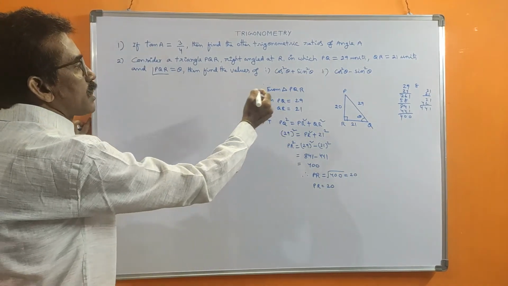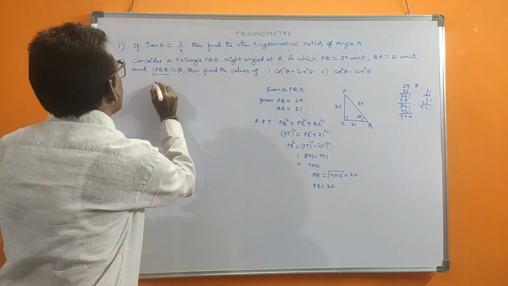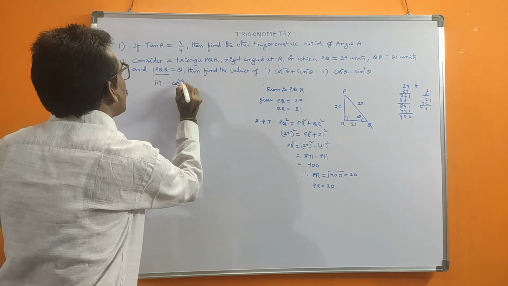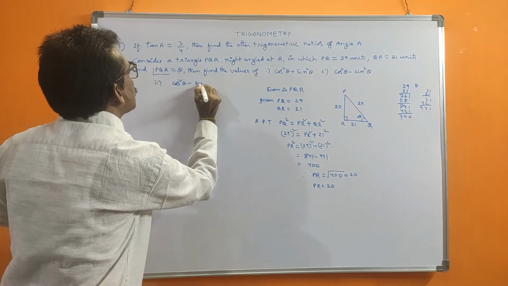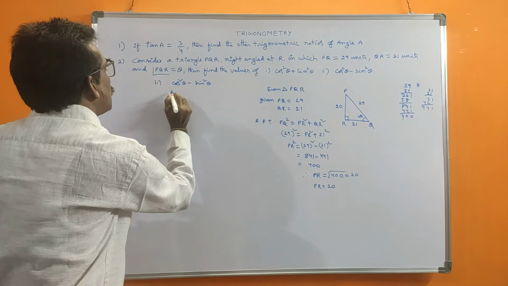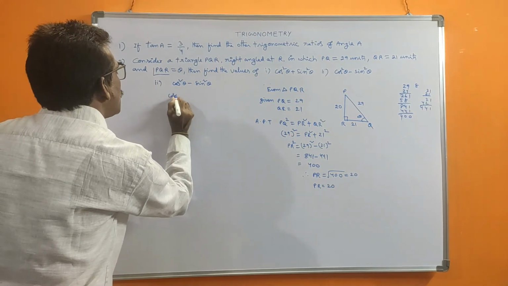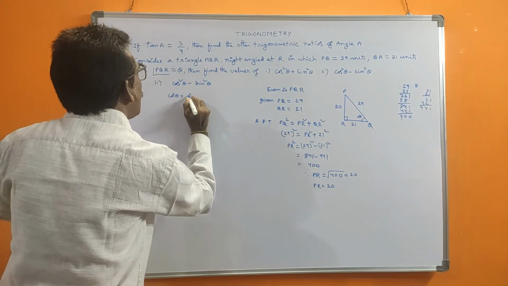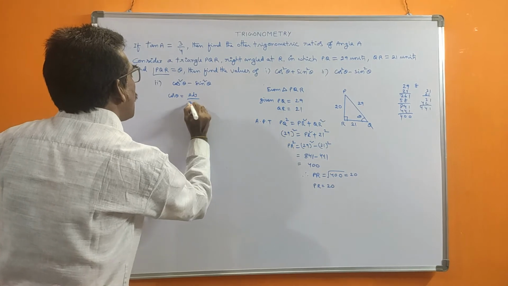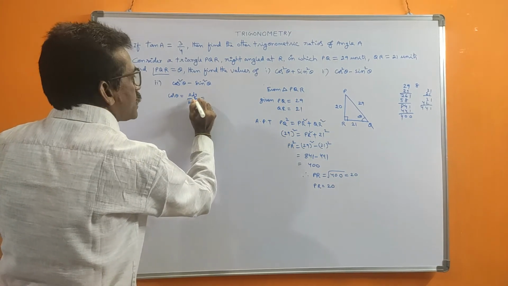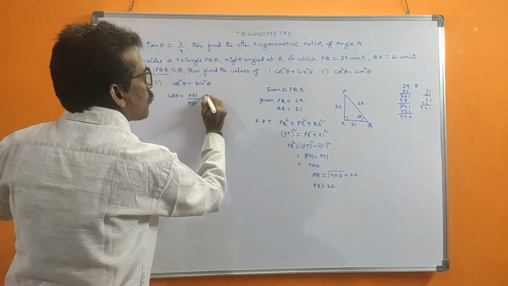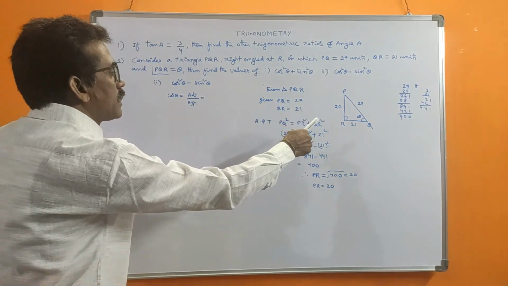Next one, the second one. Second one is also the same: cos square theta minus sin square theta. So again the same, cos theta is equal to adjacent side by hypotenuse. What is the adjacent side? Directly I am writing.